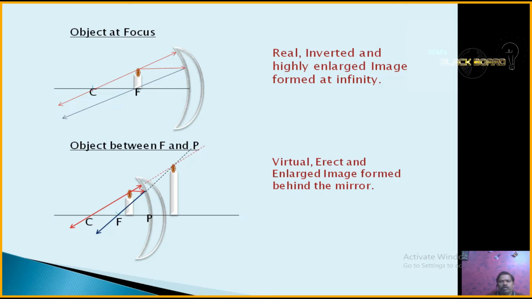When the object is between C and F, we got the image beyond the center of curvature, it is enlarged, but it is a real image. And when the object is between F and P, we also get an enlarged image, but it is erect and virtual.